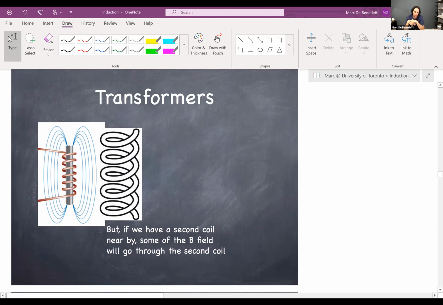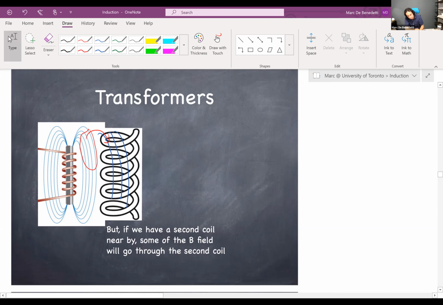It might have a battery, but to illustrate my point, let's assume it does not have a battery. Well, if you bring the second coil physically in close proximity to the first coil, then you can see that the magnetic field lines will eventually pass through the second coil.